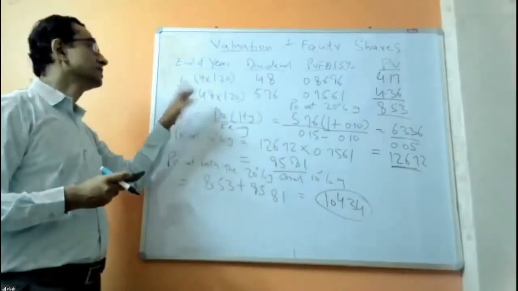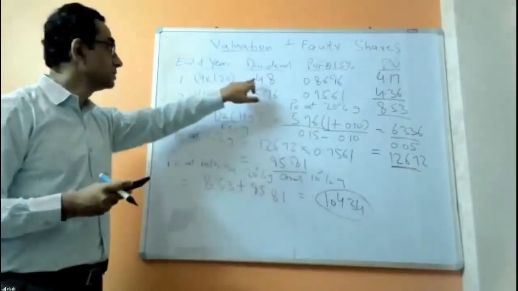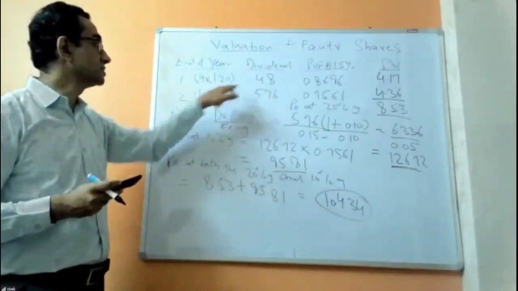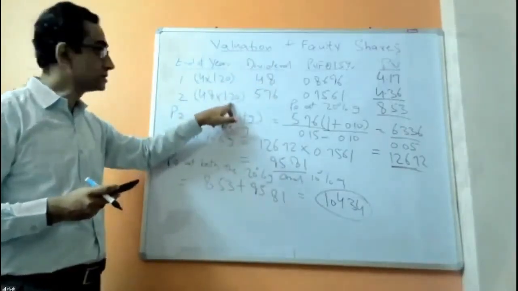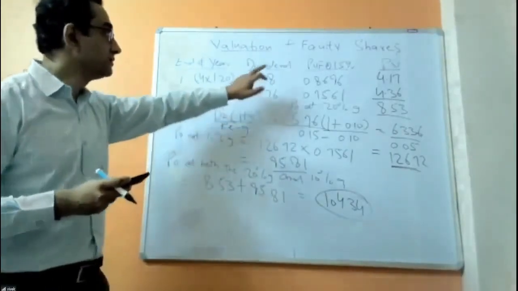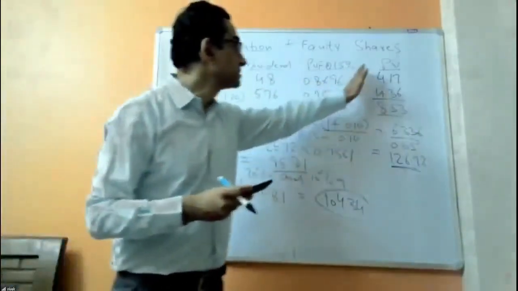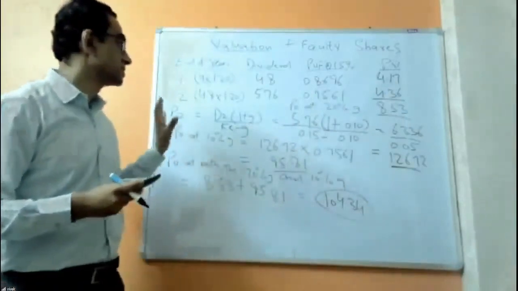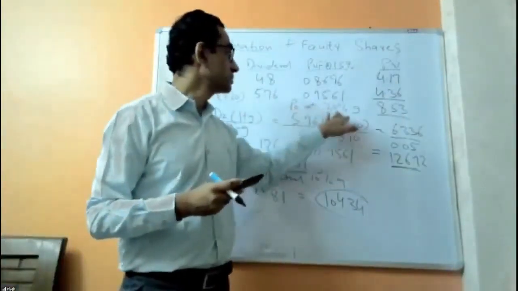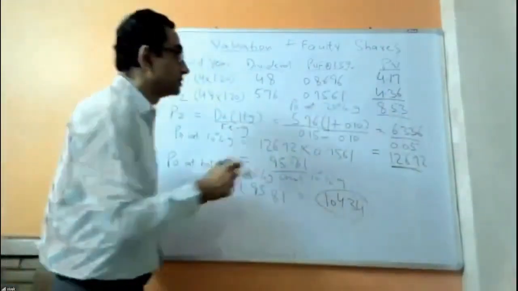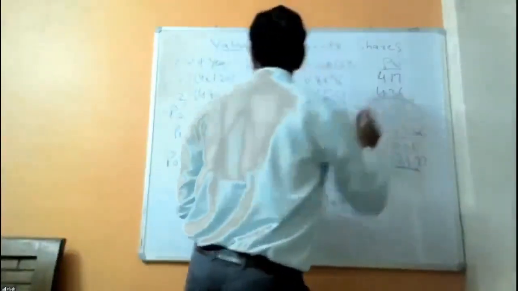Then we calculated the dividend at the end of the second year, which is the dividend at the end of the first year multiplied by the growth rate of 20%, 5.76. Then we multiplied it by the present value factor at the rate of 15%, and this is the present value of the first 2 years. The final present value at 20% growth rate is 8.53.